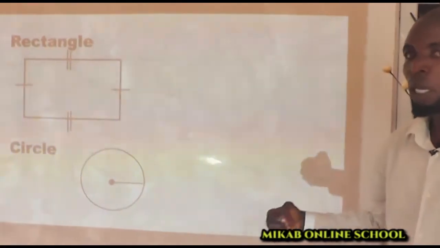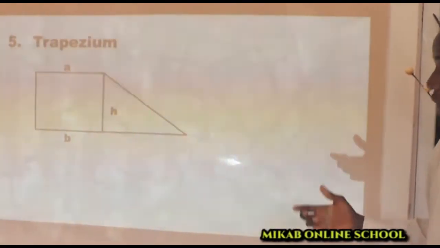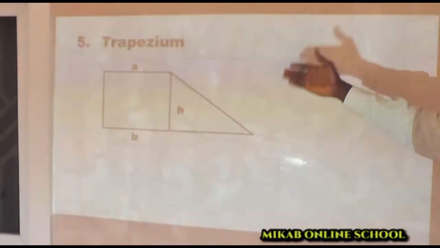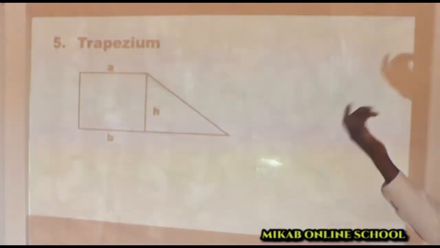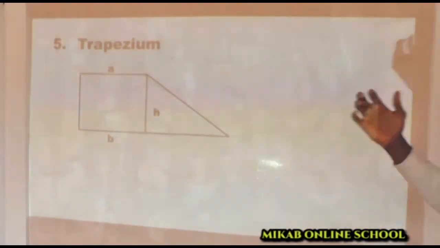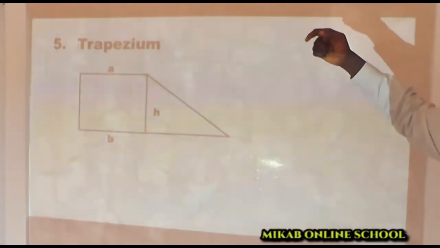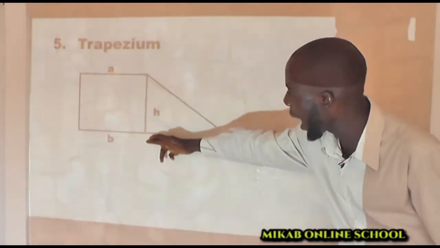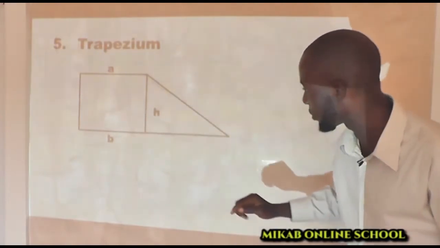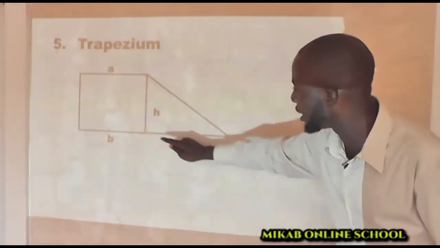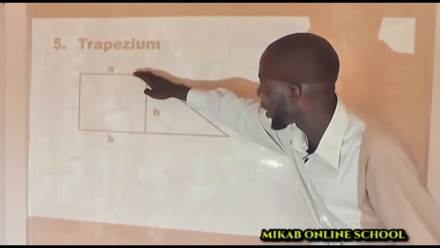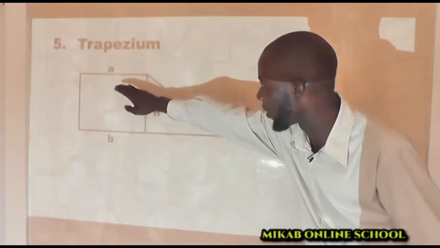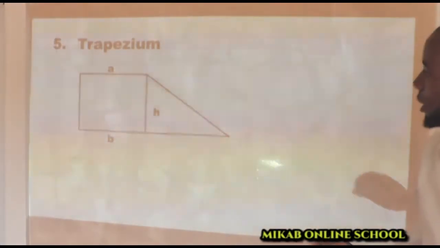The next example we shall look at is the trapezium. If you are talking about the trapezium, this is representing the height of the trapezium. This one represents the longest side, while this one is the shorter side of the trapezium.